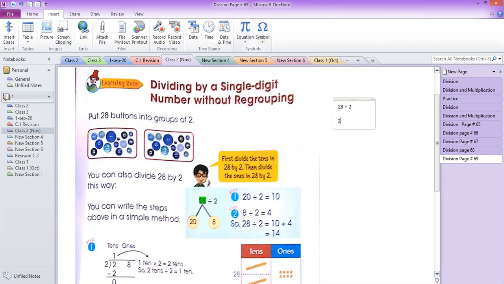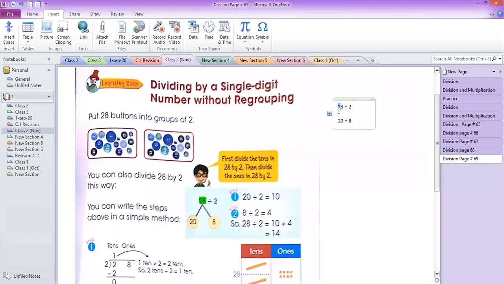I ask you, can you write 28 like 20 plus 8? You will say yes. Why can you write 28 as 20 plus 8? Because the value of 2 here is 20, because it is in the tens place.